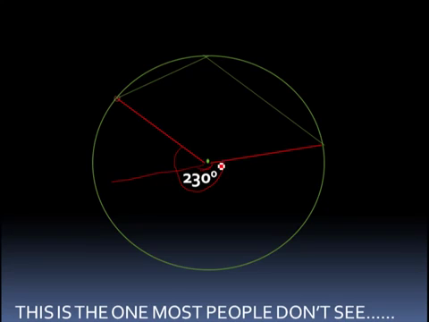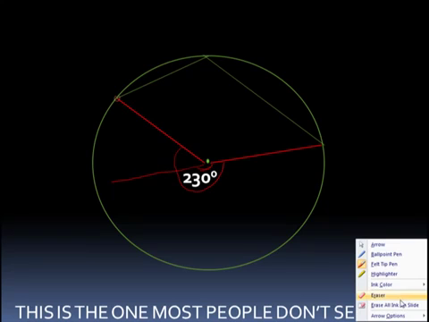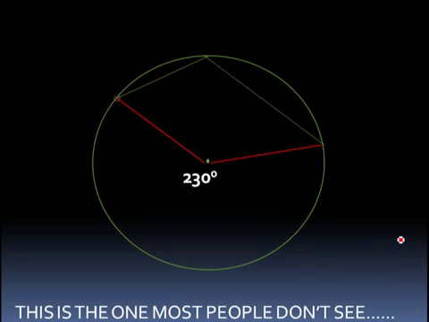Angle on a straight line, 180. But this line has moved further than 180. So 180 is a straight line. Any more than 180, we call it a reflex angle. So this angle of 230 degrees is what we'll consider to be a reflex angle.